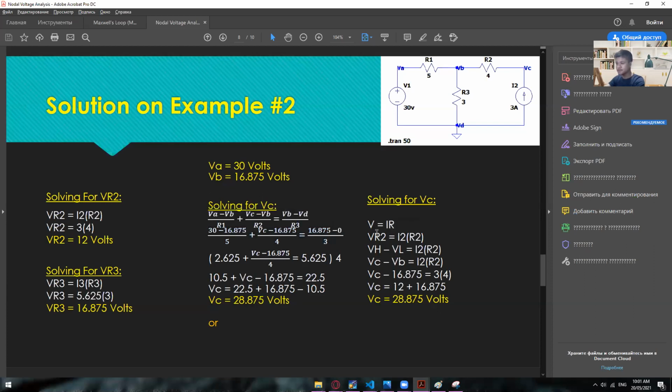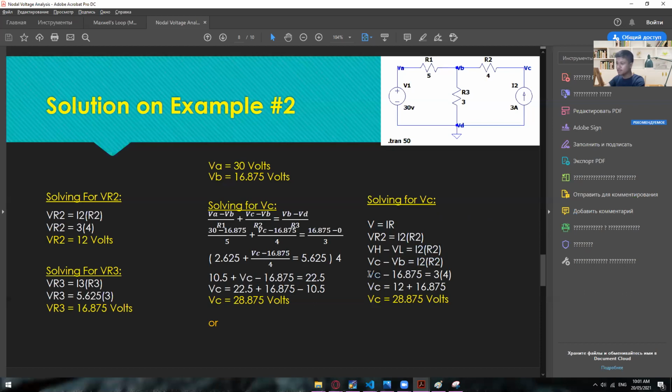Or you can use the VIR, or the VR2 is equal to I2 times R2, because in here VR2 is VH minus VL is equal to I2 times R2, wherein VH is VC and then VL is VB, so retaining the I2 and R2.